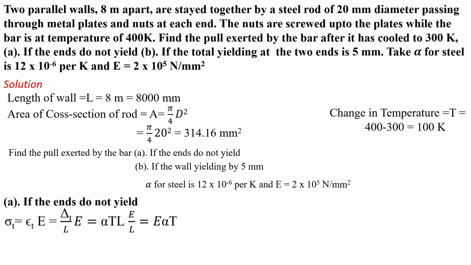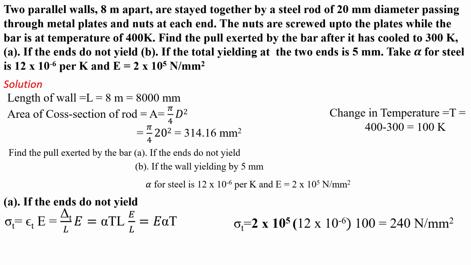We know the formula: thermal stress sigma T equals E alpha T. Here the E value, alpha value and T value are all given. Substituting, alpha T equals E value 2 into 10 to the power of 5, alpha value 12 into 10 to the power of minus 6, and change in temperature T is 100. Then the stress value becomes 240 Newton per mm square.